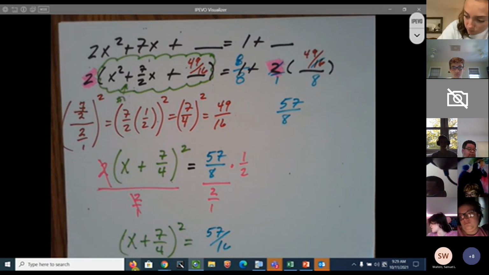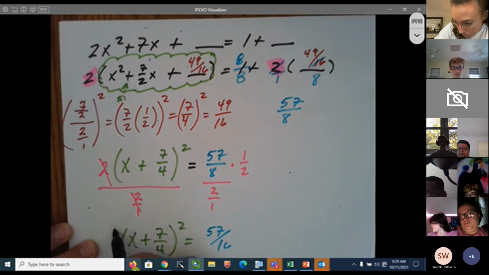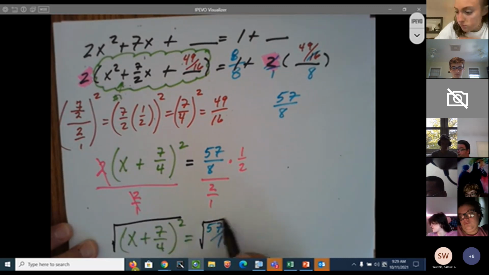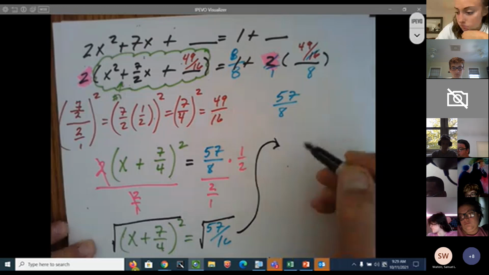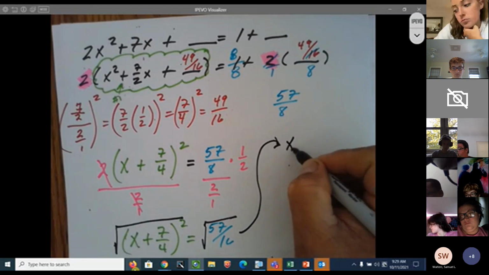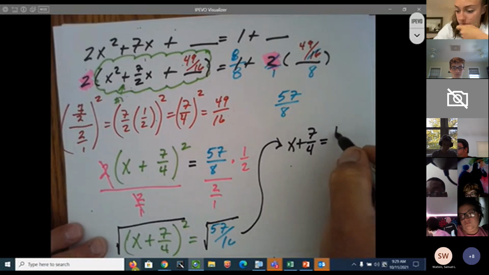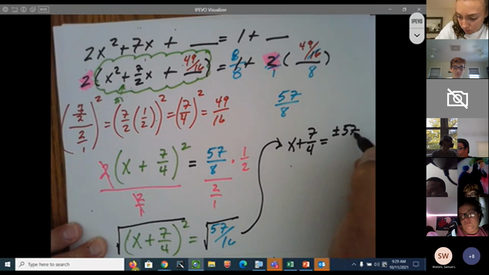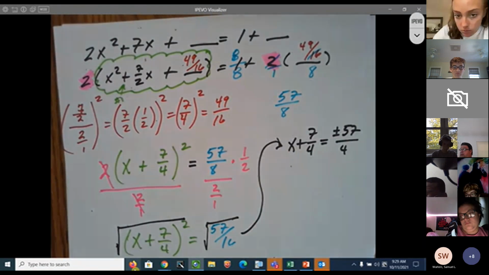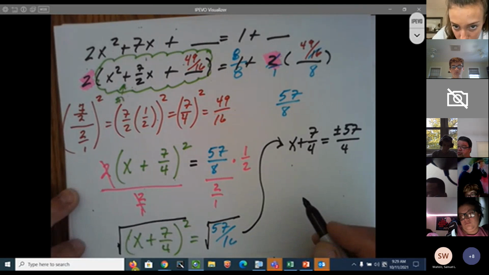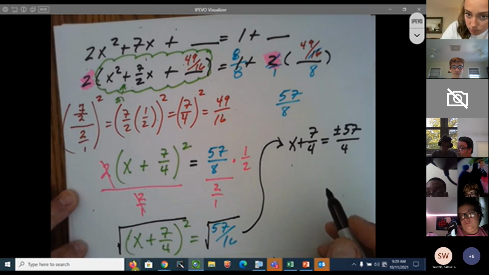Take the square root of both sides. And that's going to be x plus 7/4 equals positive or negative the square root of 57 over 4. And I'm going to put it in terms that they want with the radical.